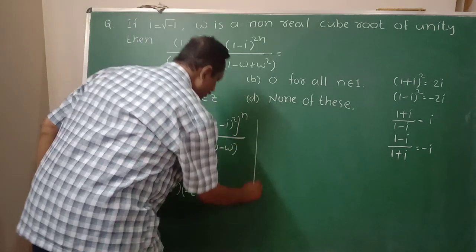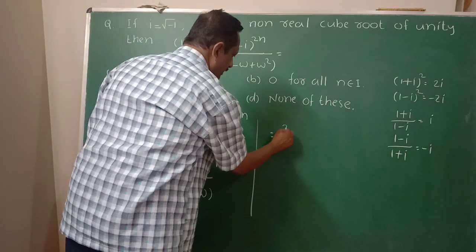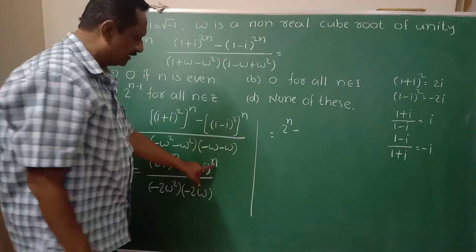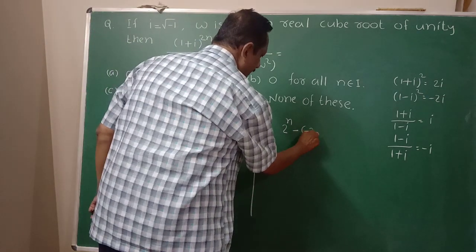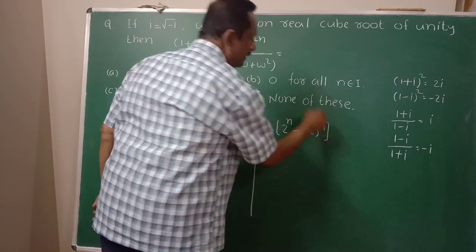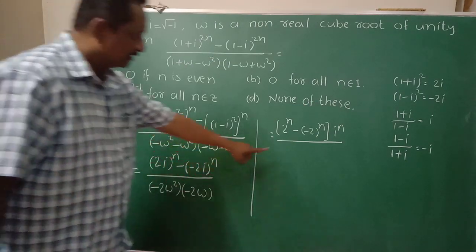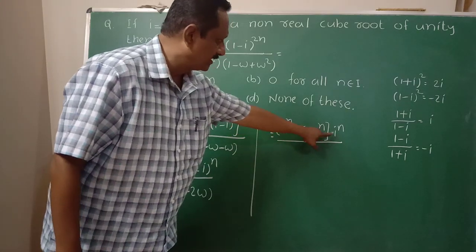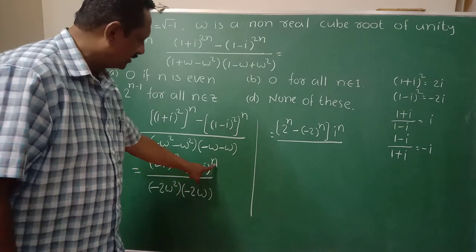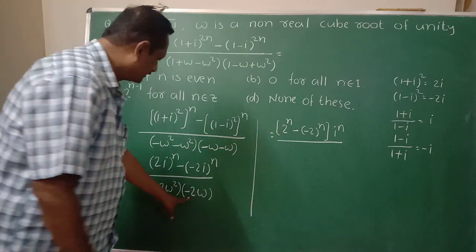Therefore this is equal to 2 raised to n minus 2 raised to n, in bracket minus 2 whole raised to n, bracket complete, here i raised to n. Here also i raised to n, so i raised to n common factor outside. Then write 2 raised to n minus 2 raised to n in the bracket, and here minus 2 into minus 2 becomes a plus 4.